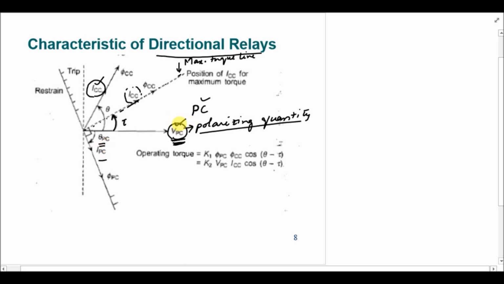The angle between VPC and ICC, the fault current that is being measured by the CT, is theta. So we have to define two different regions by using this particular phasor diagram. One is the restraint region, which defines the reverse fault region.